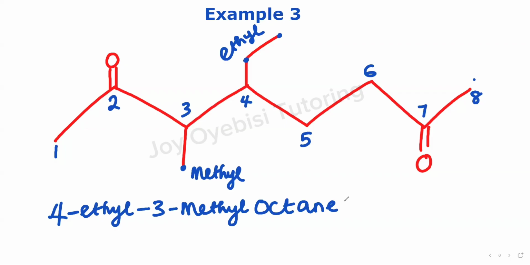So you're going to leave it as it is, so octane. And then because you have 2, we use the prefix for 2 identical groups or functional groups in this case, and that would be di and one. Okay, so that's it, dione. So that would be 4-ethyl-3-methyl-octane-dione.